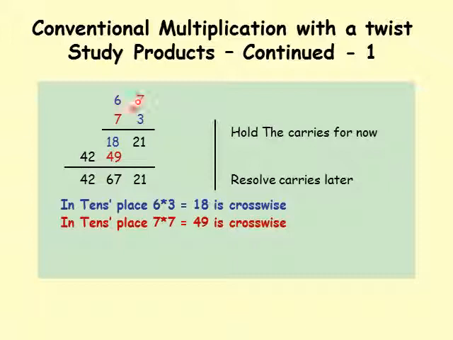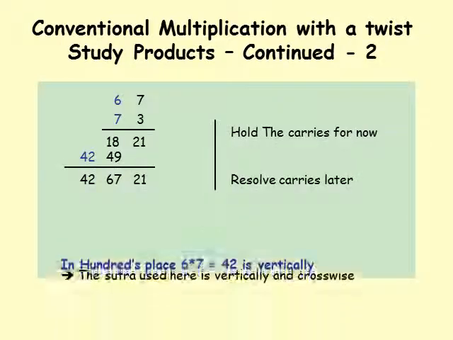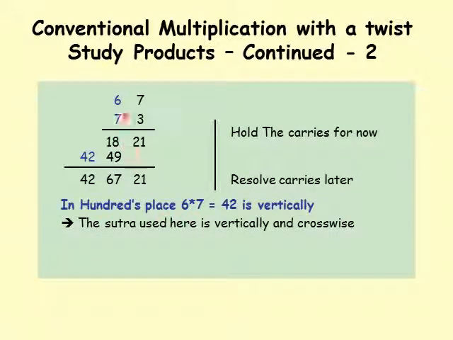Then another product in the same column was 7 times 7, 49. Let's go to hundreds place here. Hundreds place comes from these two numbers, 6 times 7. 6 times 7 is 42, and this is vertically here. The sutra is vertically and crosswise.